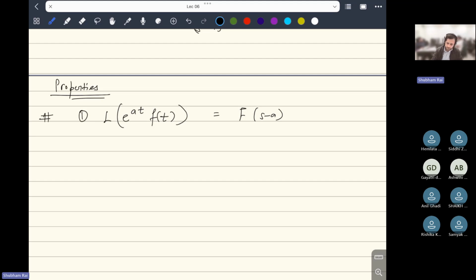And then we can also take the inverse. So the inverse of Laplace. Like you know that we have differentials and then its inverse, kind of, is integrals. So similarly we have the inverse of the Laplace transform as well. If you take the inverse of F of s minus a, you will get e raised power at f of t.